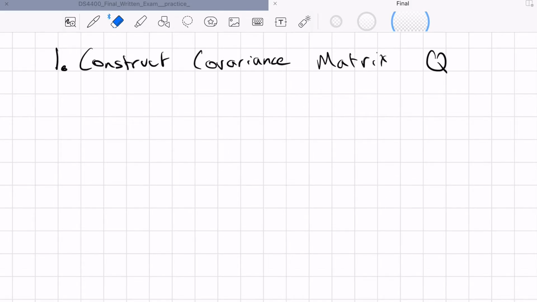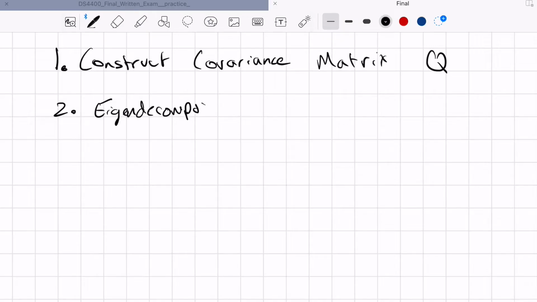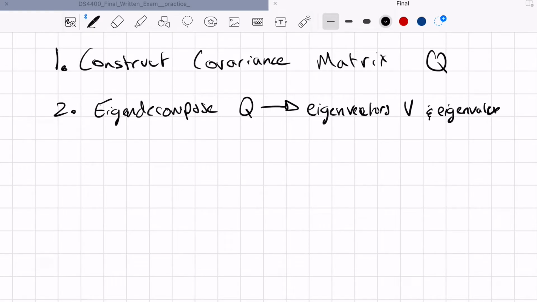So the next step is, once we have Q, we need to eigendecompose Q. This means we take Q and turn it into our eigenvectors, I think it's V, and eigenvalues, sigma.